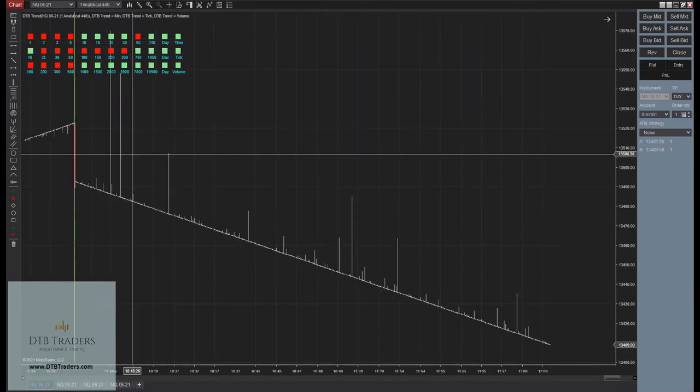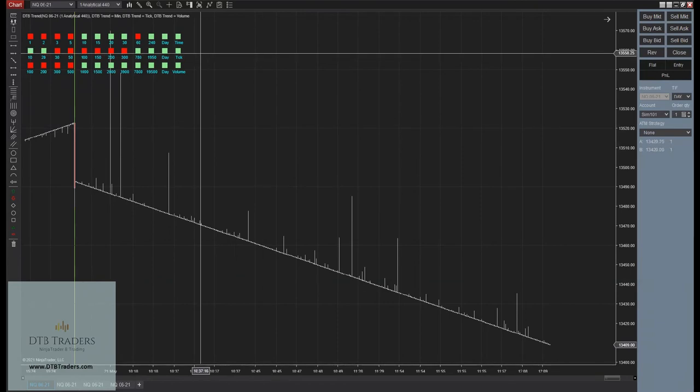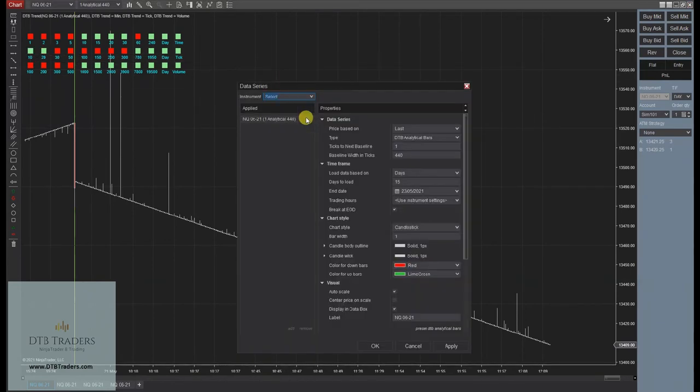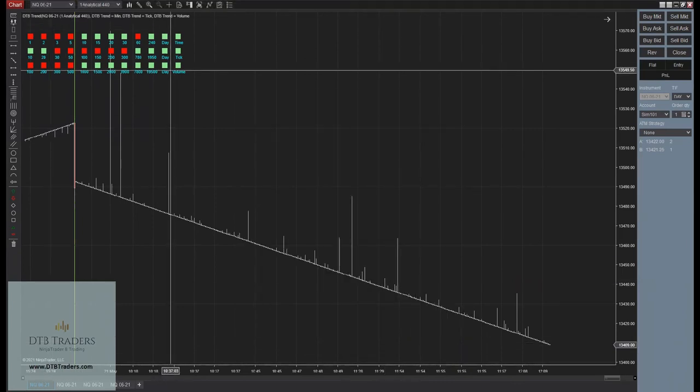The idea is just to have this loaded on one of your charts. You do not need to load multiple days. You can load just one day on this chart, or 2 days, or however many days you want, because the indicator has the built-in data series to pick up all of these trends for those periods.